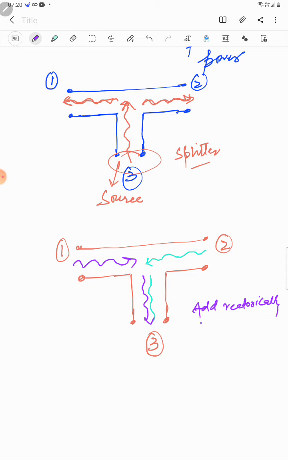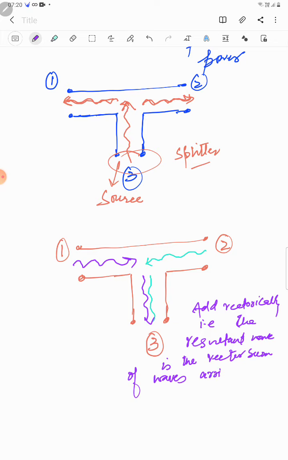That is, the resultant wave is the vector sum of waves arriving from ports 1 and 2.